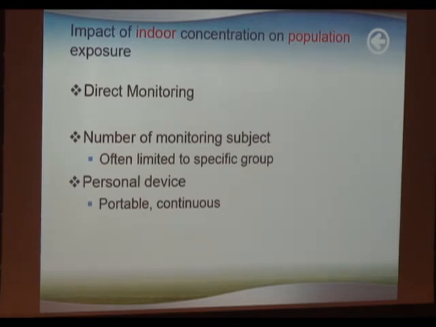If we want representative sampling data from Hong Kong or Seoul, several million people are living in one city, but we don't have the resources. So in many cases, the study is of a limited, very specific group. And also, personal devices are limited. Nowadays, more and more portable and continuous real-time monitors are coming out, but still, in terms of pollutants, it's limited.